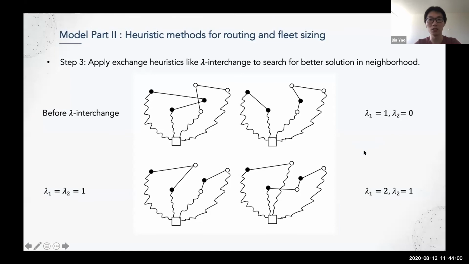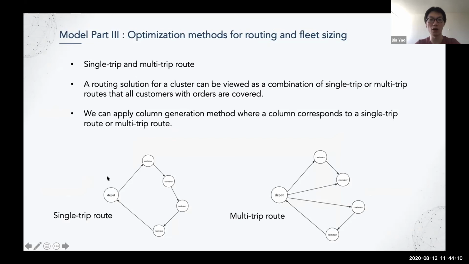Okay, so seems good. I would like to also spend a few more minutes to talk about a method that we think is simple and interesting. So there is a definition for single trip and multi-trip routes.